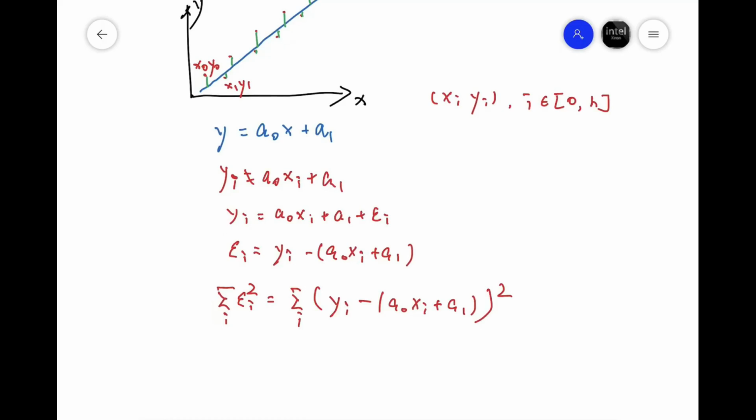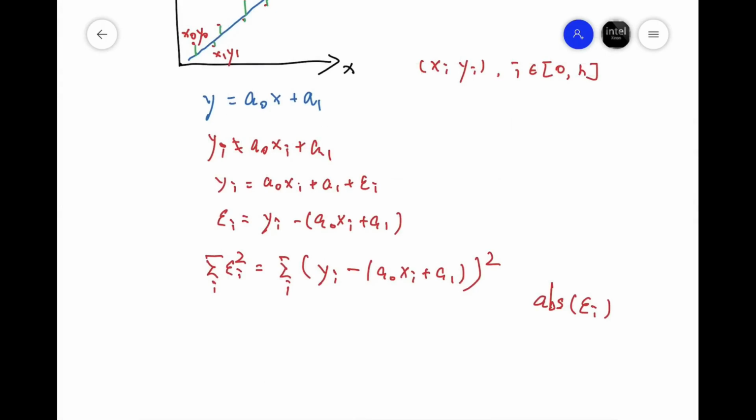One might argue that we can also use the absolute value of the errors. That's correct, but for the least square method, if we use the square, it will help us in the following mathematical derivation. To be more specific, it's much easier to do derivation over the squares than the absolute operator.